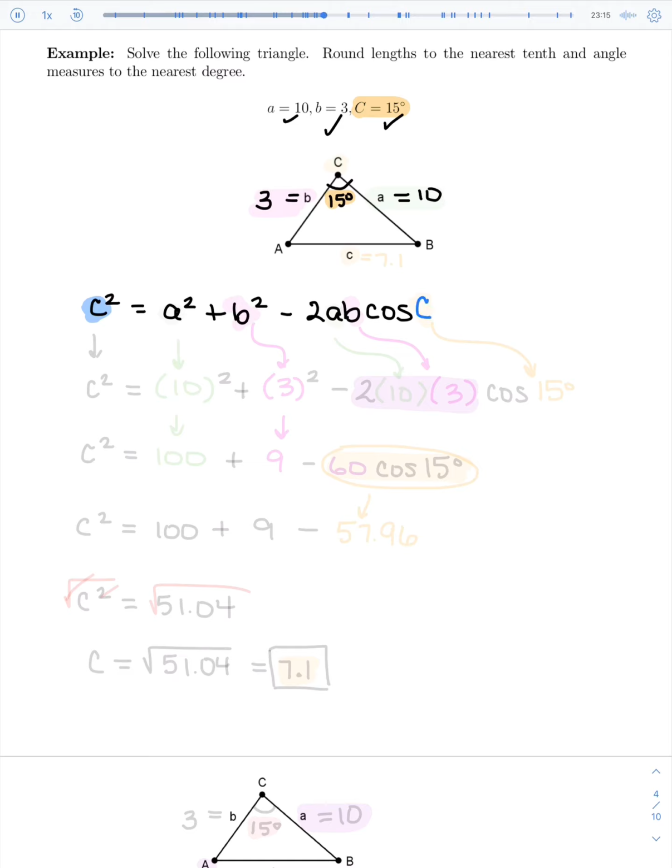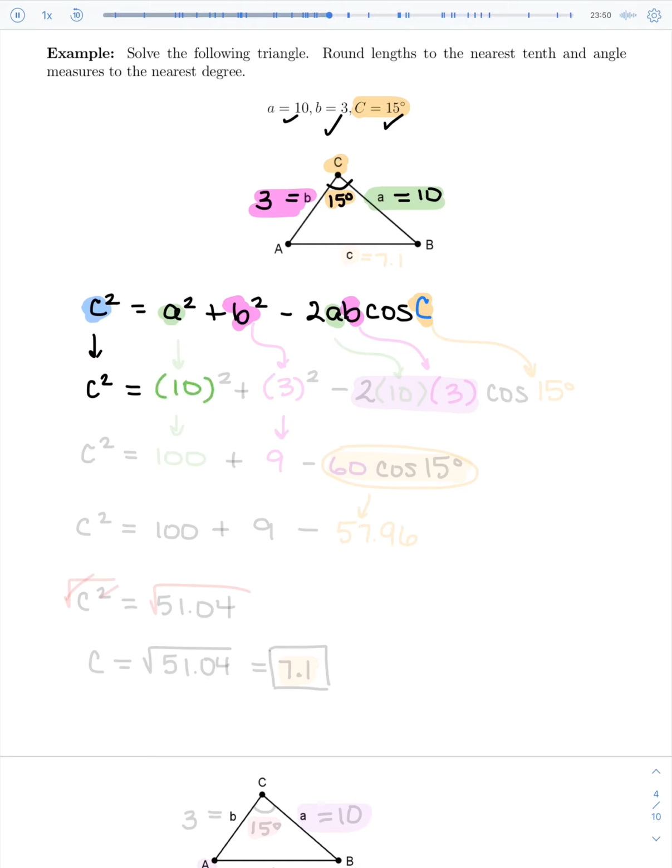So let's fill in what we do have. We have side A, which is 10, side B, which is 3, and we do have angle C. We do not have side C, so that is what we would start to find first. So let's leave our C blank. We have side A, which is 10.